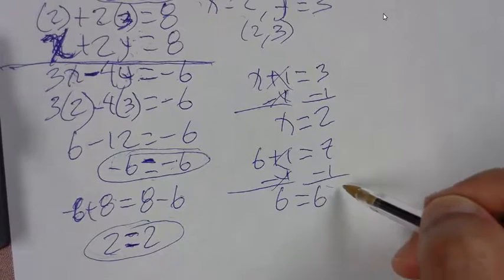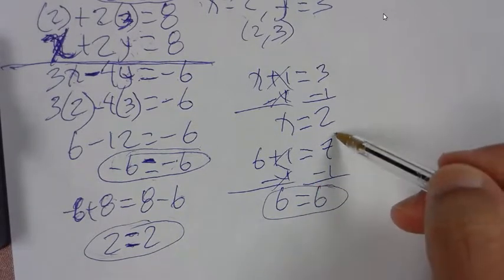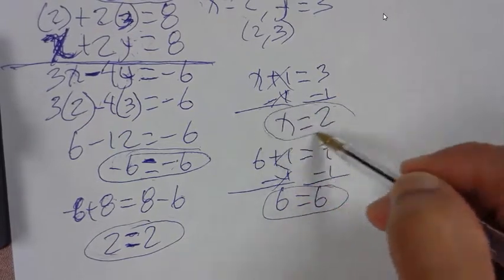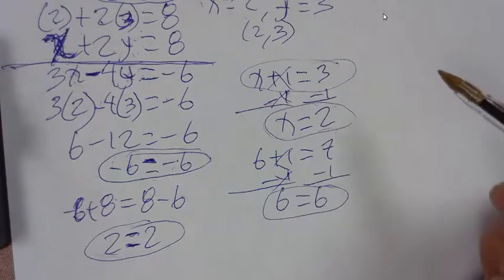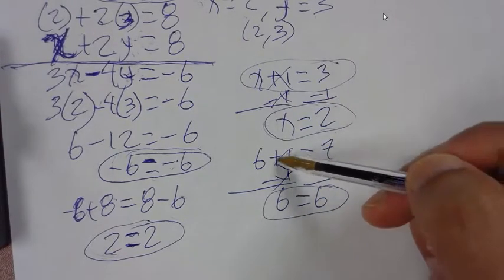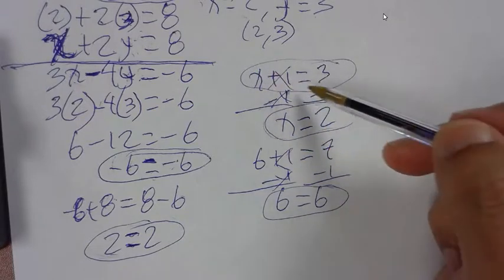So my equation is still true. This was still true. My equation here is still true. I just wrote the equations differently. Here I have constants. In this equation I have variables.